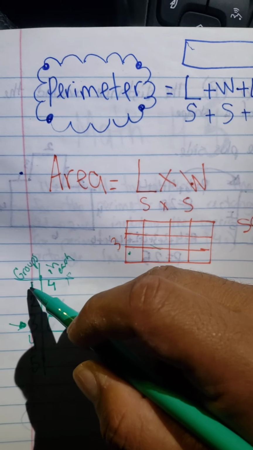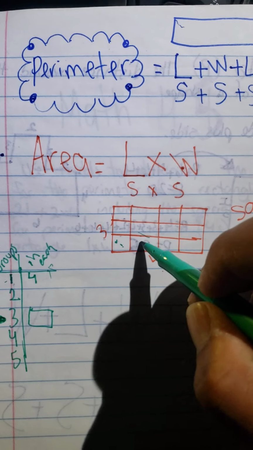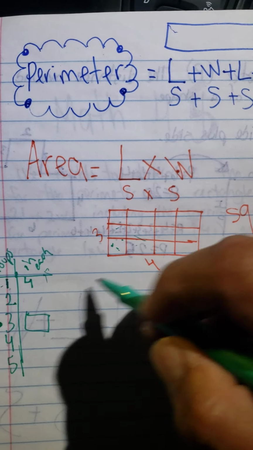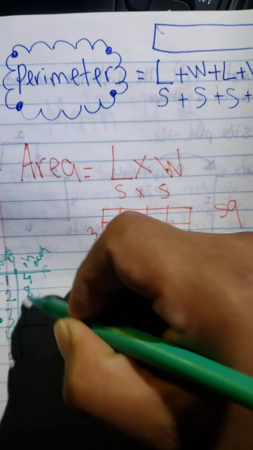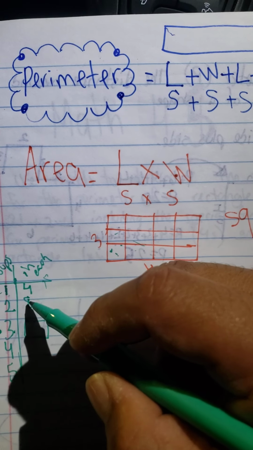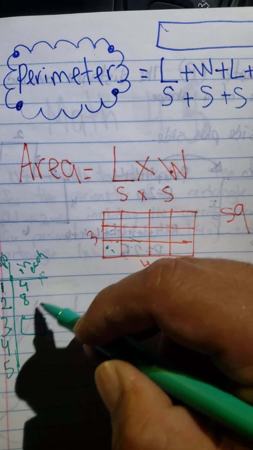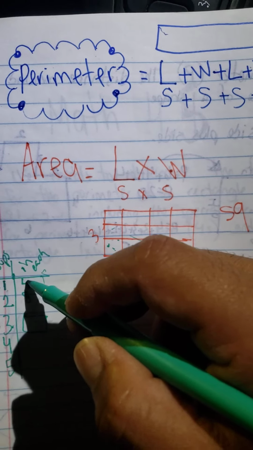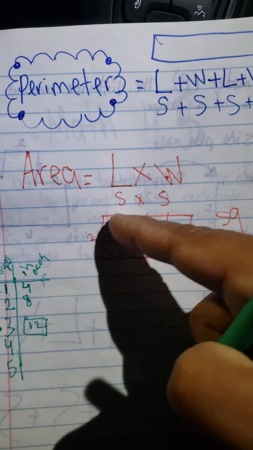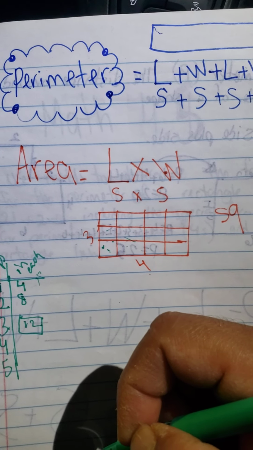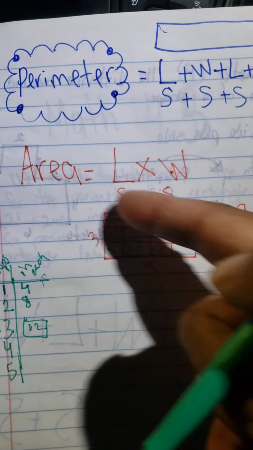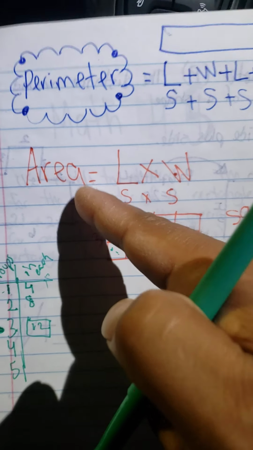So one group has 4. 1, 2, 3, 4. 2 groups, another 4. So that would be 8. 4 plus 4 is 8. And then 3 groups, 4 plus 4 plus 4. Or you can just say 8 plus 4, which is 12. So your answer would be 12. In this case, 12 squares. And that'll be the answer for this.